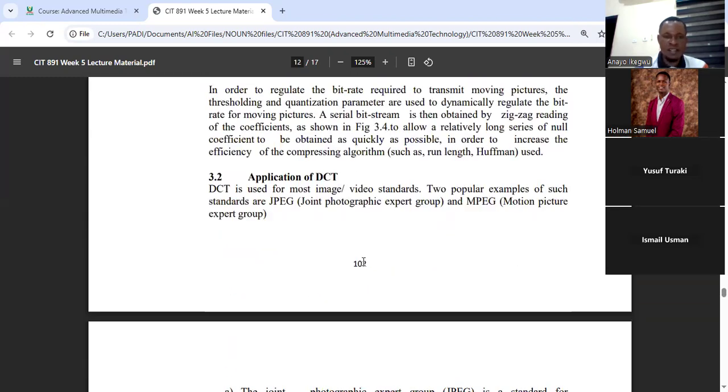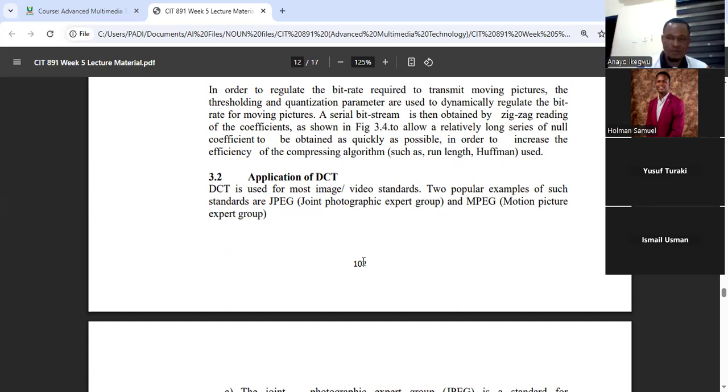Now let's look at the application of DCT, discrete cosine transform, and how it is used in a standard video. Two popular examples of standards are JPEG and MPEG.